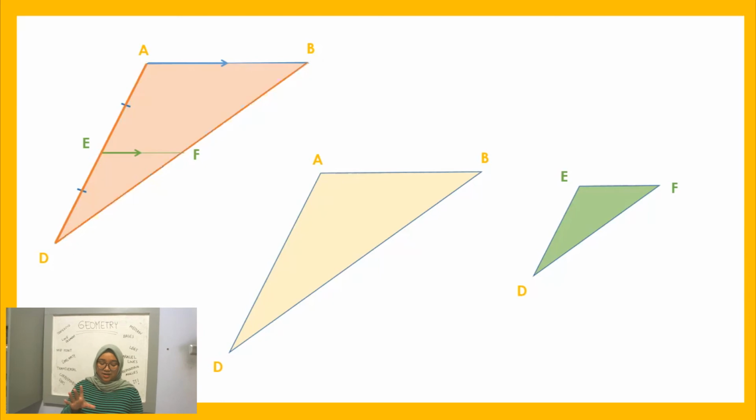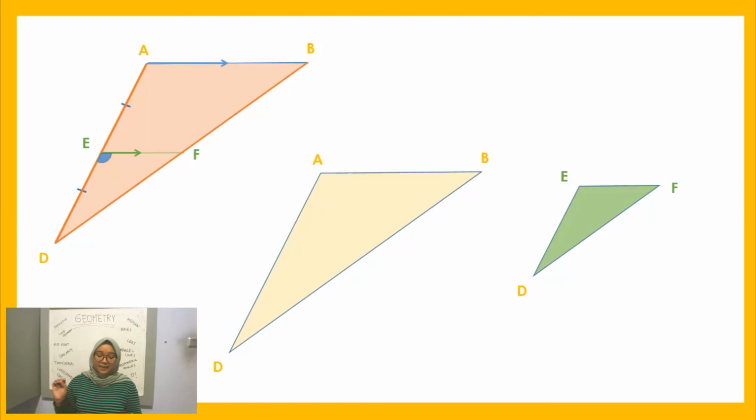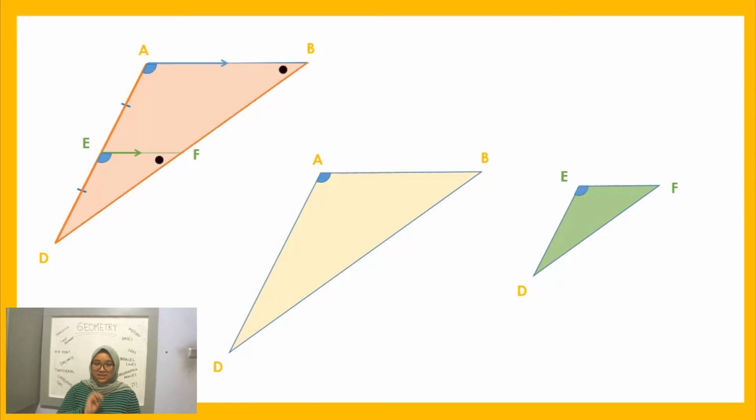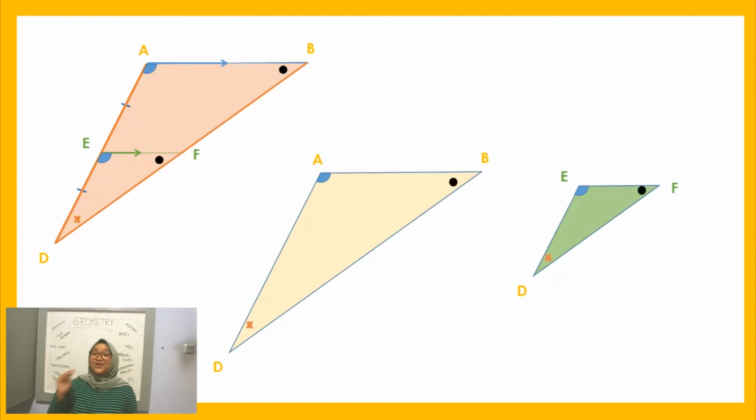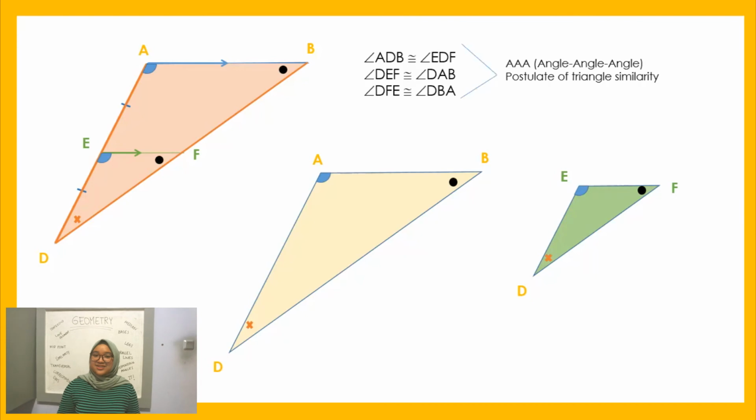The transversal AD will have the corresponding angles DEF and DAB. Yes, those two angles will be congruent to each other. And the transversal BD will produce angle EFD and angle ABD, congruent to each other because they are also corresponding angles. In these triangles, we have three congruent angles, which fulfills the AAA postulate for similar triangles.